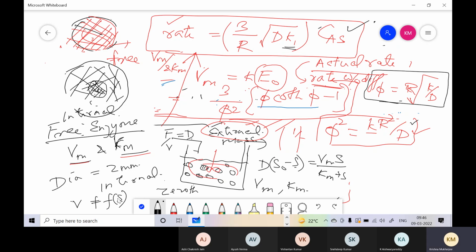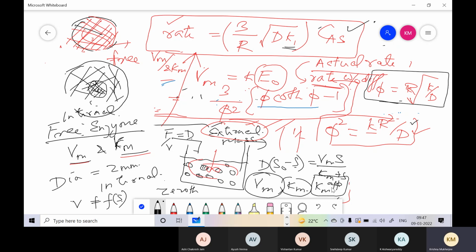So Vmax never changes. But Km will now become Km apparent. And this we will handle in the next class.